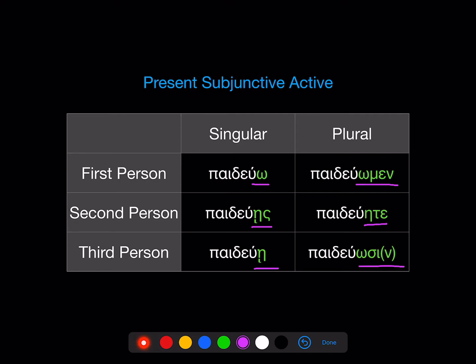Something you'll probably notice right away is that the first person singular looks exactly like the first person singular of the present indicative active. Also, the third person singular looks exactly like the second person singular present indicative middle passive.